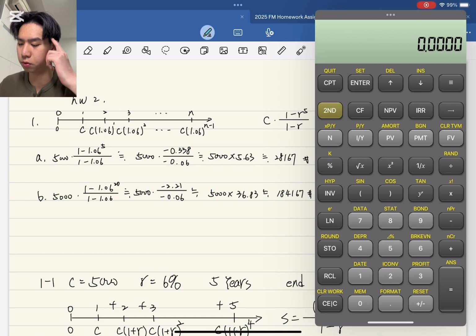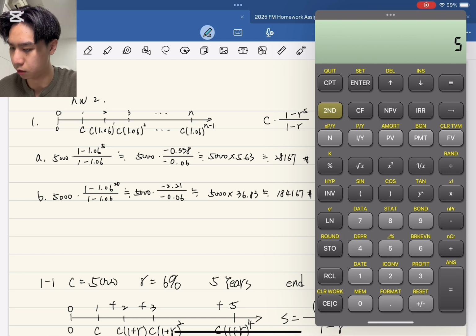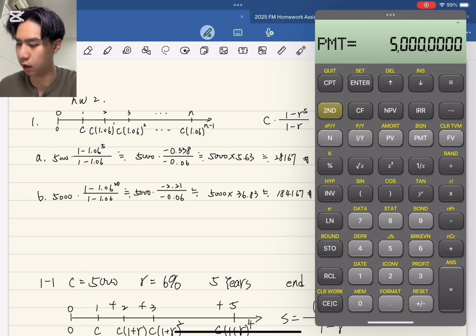And we input the information. 5,000 per year, for 5 years, and interest rate 6%. Present value 0. Payment 5,000. And compute the future value. We forgot to add the minus to the cash flow.